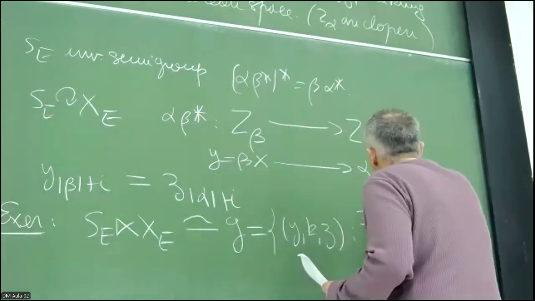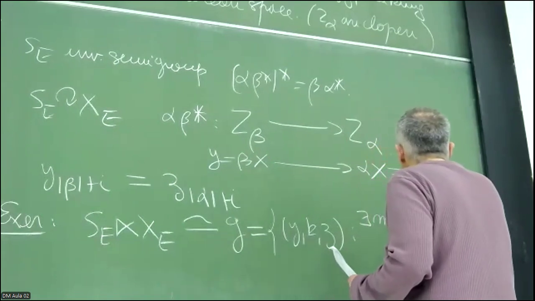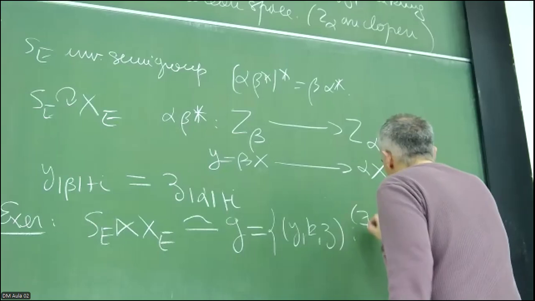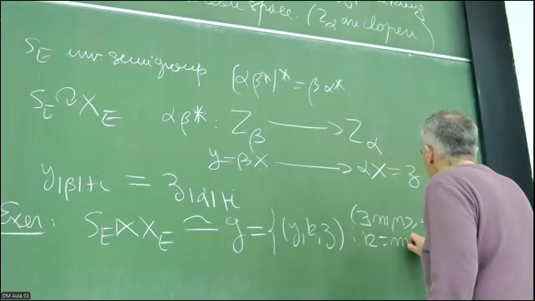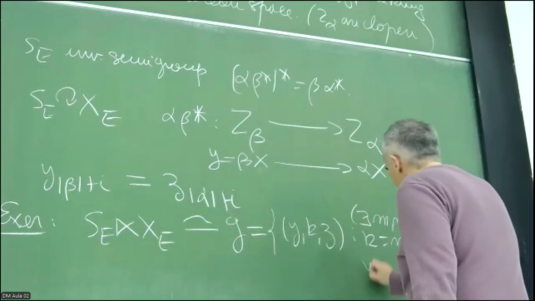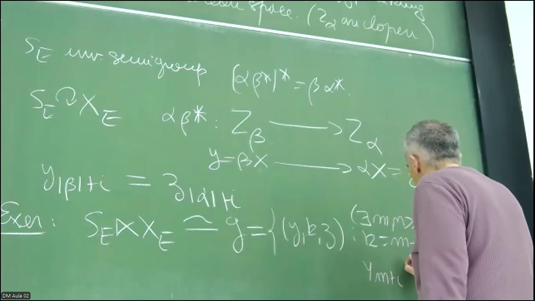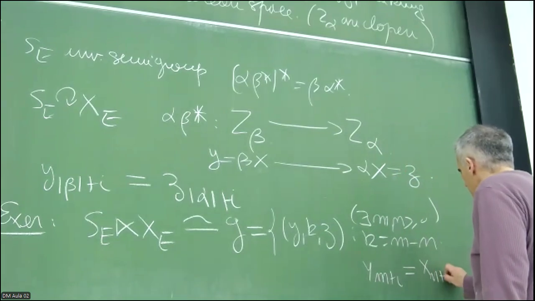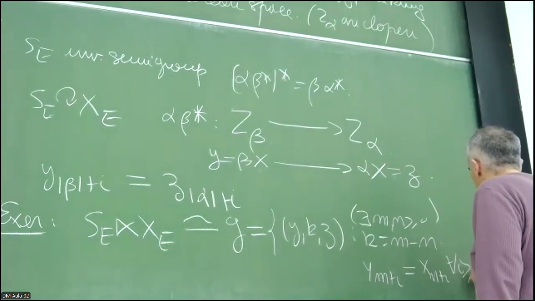such that there exist m and n bigger or equal than 0, so that k is m minus n, and y_{m+i} equals x_{n+i} for all i bigger or equal than 1.